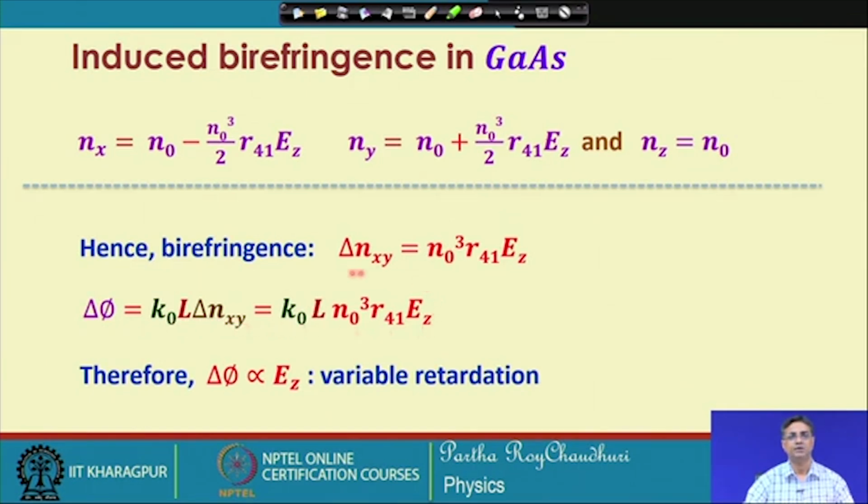This phase difference is just proportional to the applied electric field strength, so delta phi is proportional to E z. That means it is a variable retarder system, where the retardation can be controlled by the external electric field, that is E z.